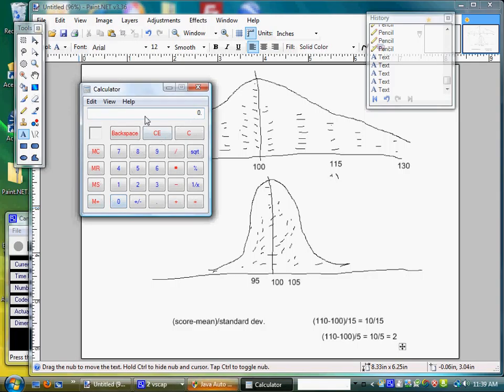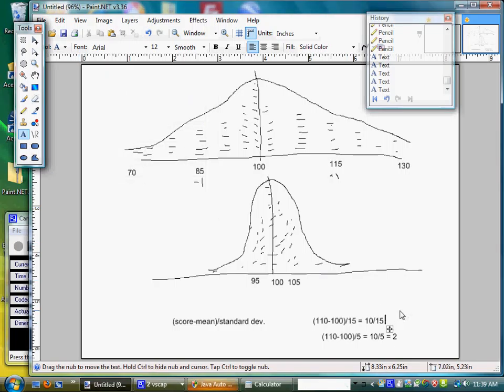All right, so this tells you on the first test, your 110 is above the mean because this is a positive number, but it's about 2/3 of a standard deviation above the mean, 0.67 standard deviations. And if this is 0 standard deviations at the mean, because you're at the mean, 0.67 is about 2/3 of the way, right here. So our score of 110 is about 2/3 of a standard deviation above the mean.